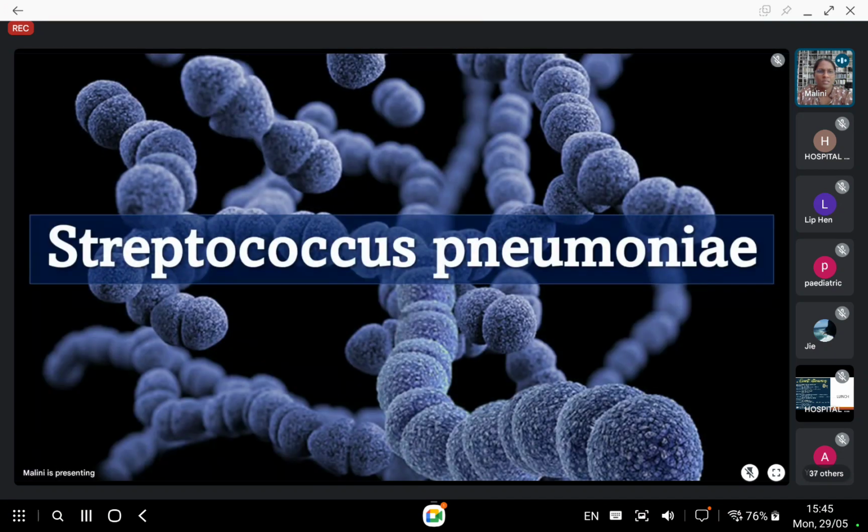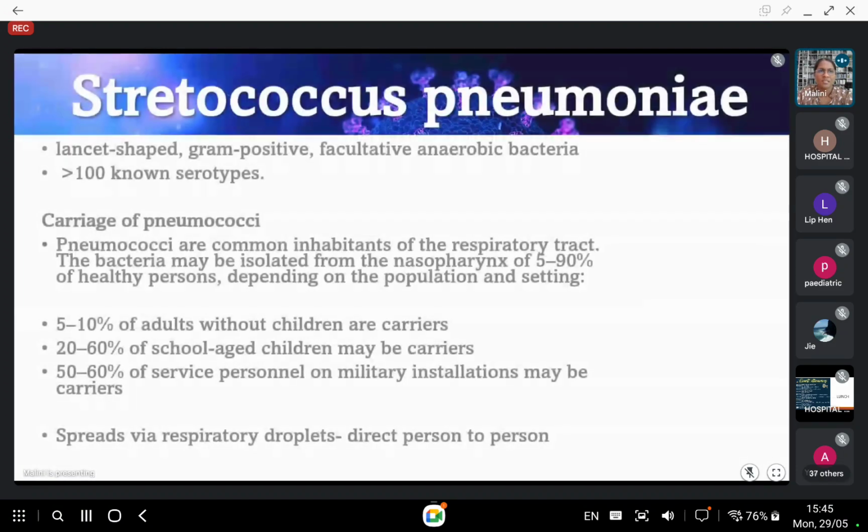I think this is probably currently the most common and important organism causing meningitis, Streptococcus pneumoniae. Fortunately, we've just started the vaccination program, and hopefully things improve. We don't see much of strep pneumonia meningitis.